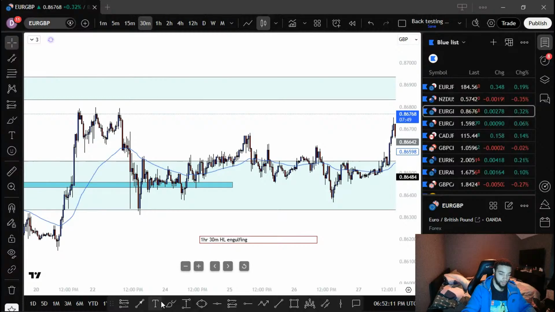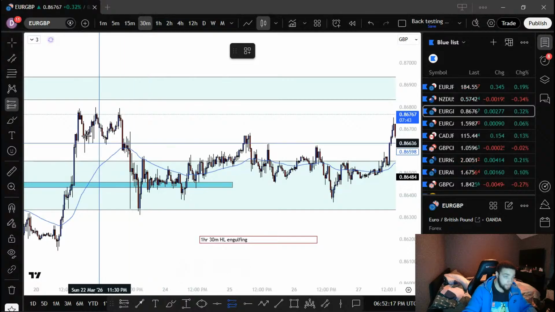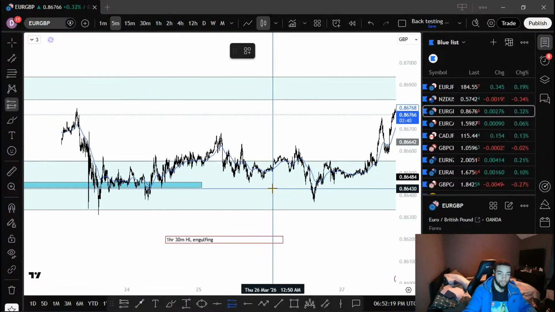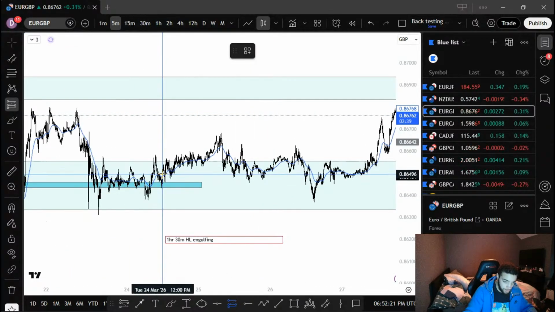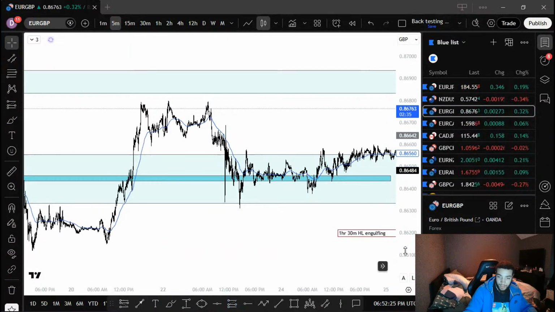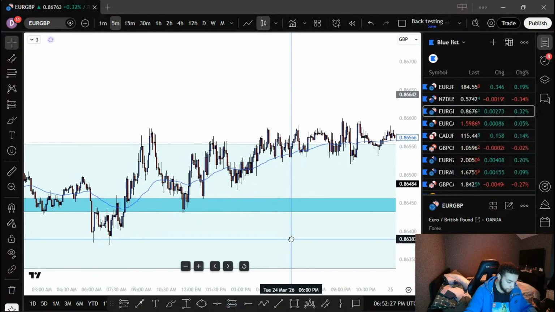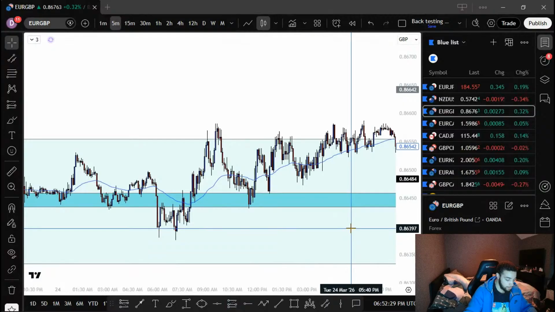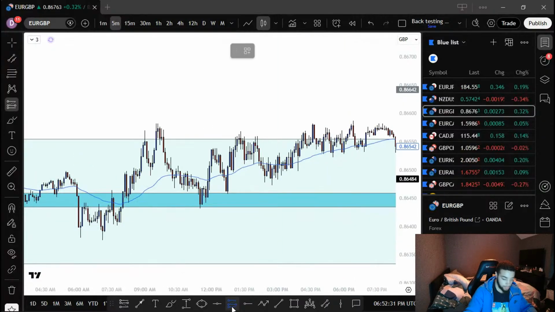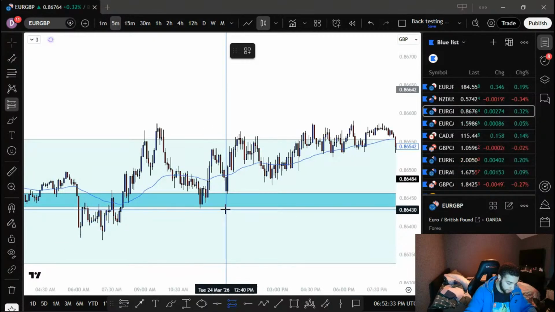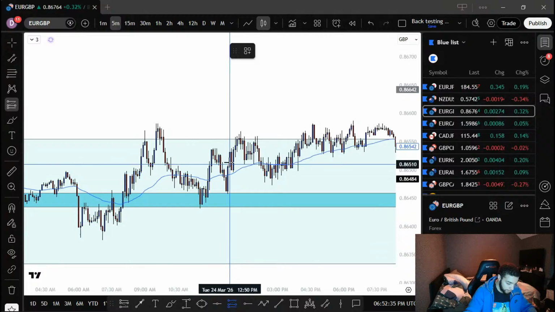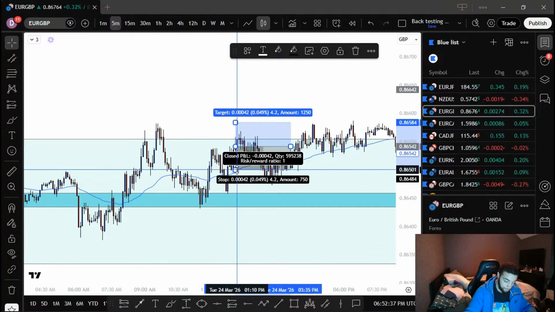Let's find this position now. Buy. 5 minute. I can find this. Tuesday. So it was here. Looks like another clock. So we took this position right here.